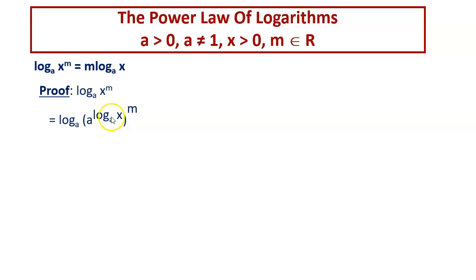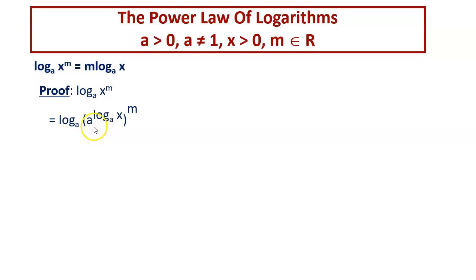And this whole thing is getting raised to the power of n. Now we will be using the power law of exponents, which says that a raised to the power of m whole raised to the power of n is equal to a raised to the power of m times n.